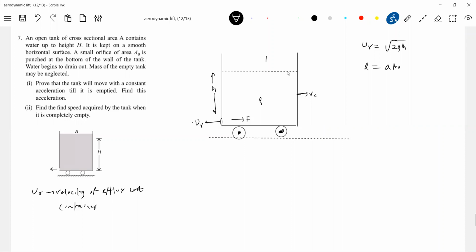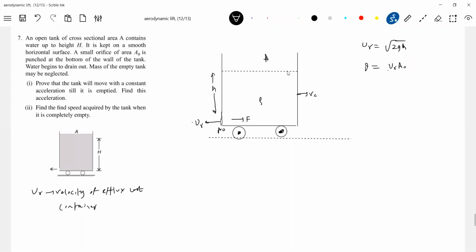How do you define the flow rate? Flow rate should be equal to UR into A naught.